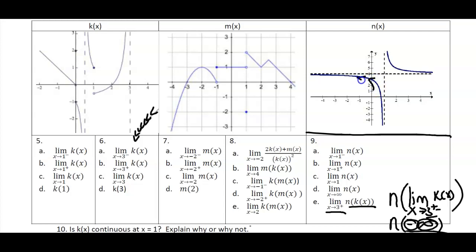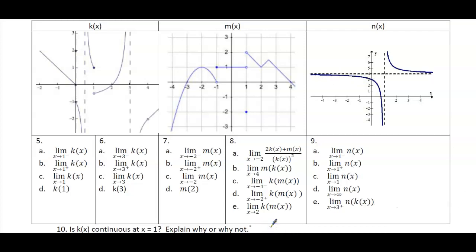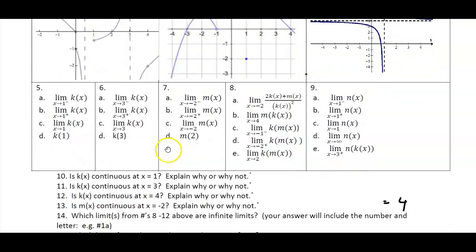So if I go to the left forever, I still approach that same y value of 4. It's not always the case, but a lot of times horizontal asymptotes are the same on the left and the right like that. Okay, so there's some essential things. Let's go ahead and take a look at some of these other questions here.